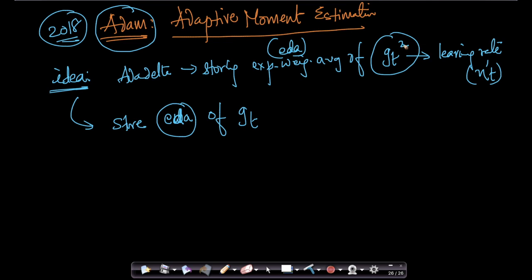So here we are doing g_t squared. What if I use the value of g_t itself, which is the gradients? So in addition to gradient squares, like in Adadelta, what if I use the exponential decaying average of gradients themselves?